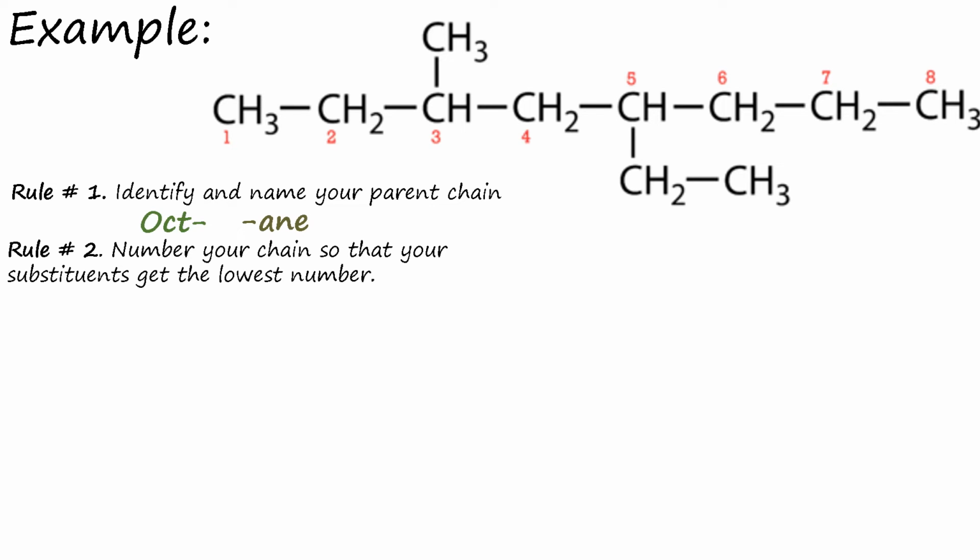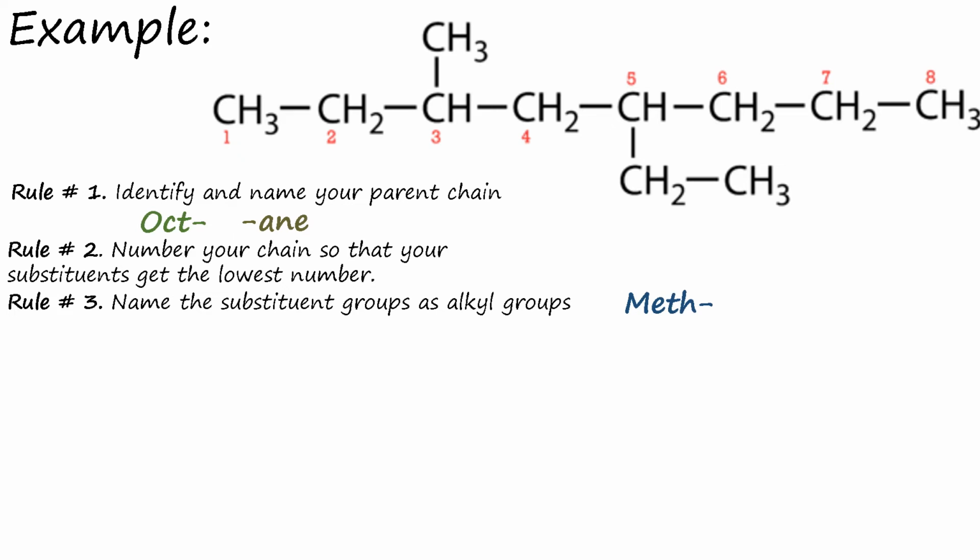Then name the substituent as an alkyl group. In this case, one substituent has only one carbon, so its first name will be meth and its last name will be YL. That gives a final name of methyl. The other has two carbons, so it's going to have a first name of eth and the last name of YL, and that will have a final name of ethyl.